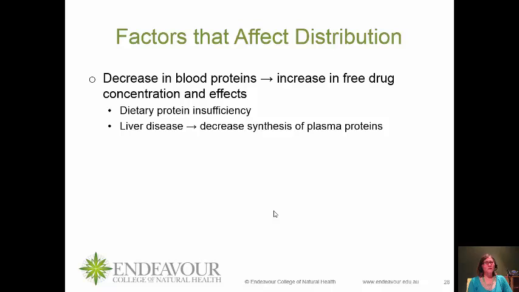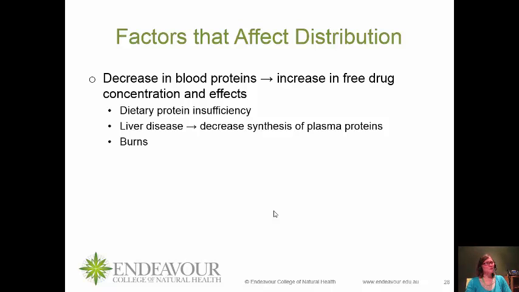But with other drugs in general, if a person has a liver disease, that might be the reason why that drug is used with caution, or perhaps even contraindicated, because less of that drug may then bind to plasma proteins. Most of those plasma proteins, the glycoproteins, and certainly the albumin, being made in the liver.